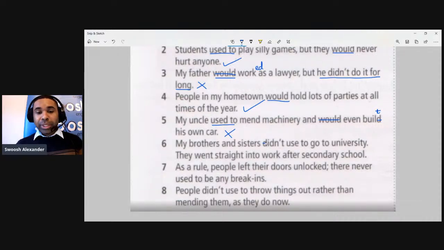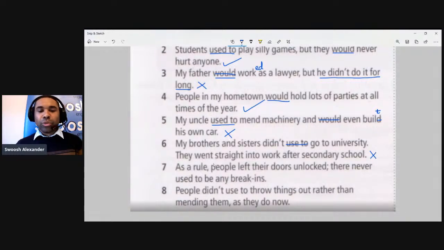Just didn't is fine, but just didn't go. Again, going to university is not a routine. It's a once in a lifetime event. So it should be my brothers and sisters didn't go to university. They went straight into work after secondary school. Good. Okay, so number 6 would be incorrect.